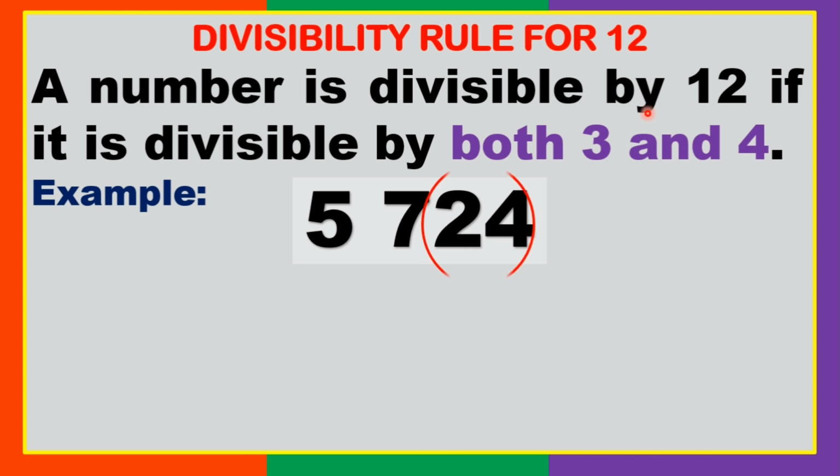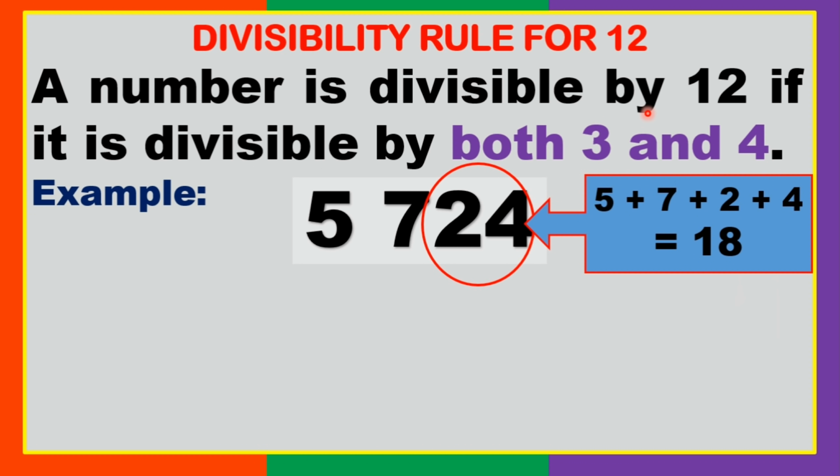5,724. Is it divisible by 4? The last two digits form 24. 24 is divisible by 4. Now, let's find out if it is divisible by 3. Let's get the sum. 5 plus 7 plus 2 plus 4, we get 18. Then 18 is divisible by 3.